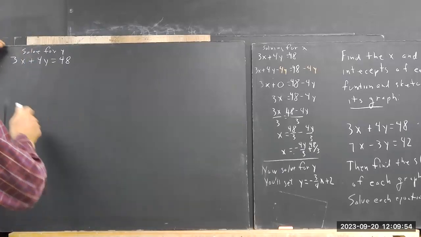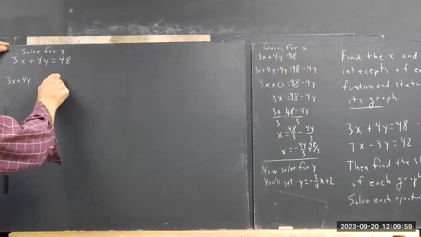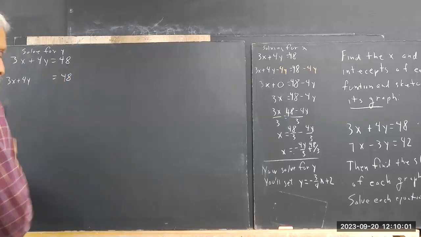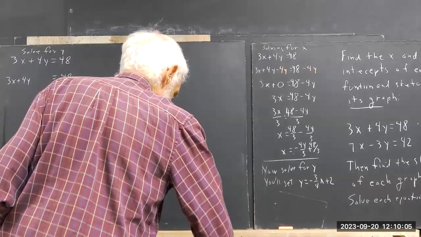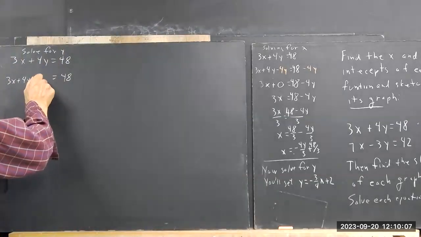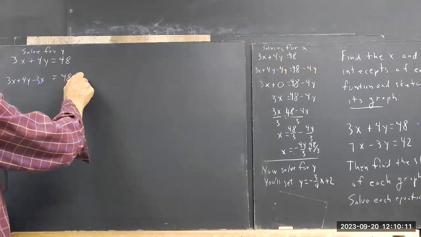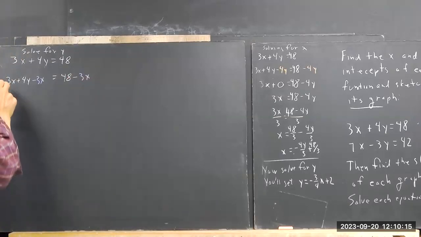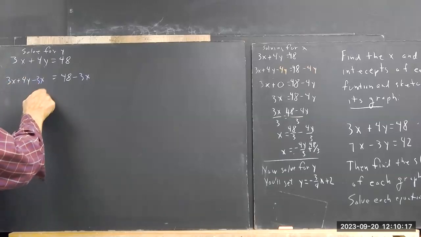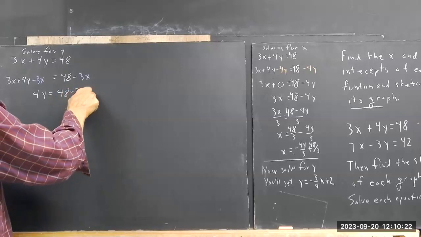So we take the 3x plus 4y equals 48, and we subtract 3x because we're trying to solve for y. And of course, we have to automatically do that on the right-hand side. Okay, 3x minus 3x is 0, so this is 4y equals 48 minus 3x.